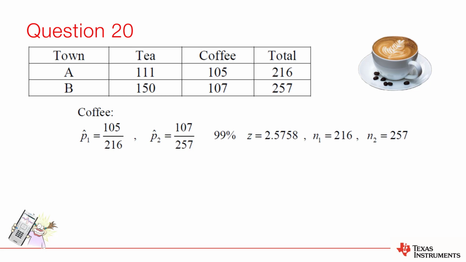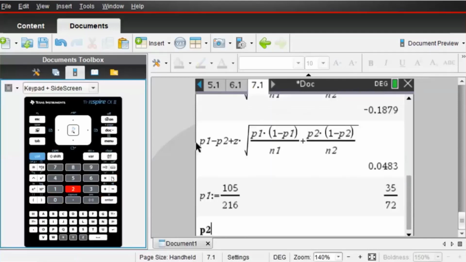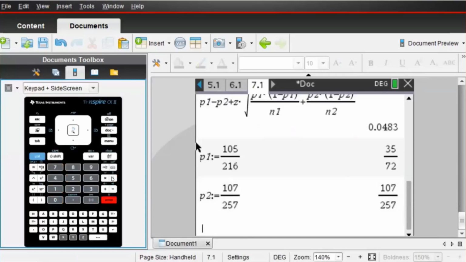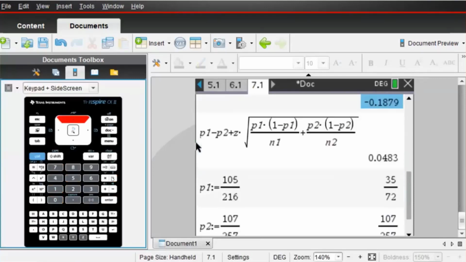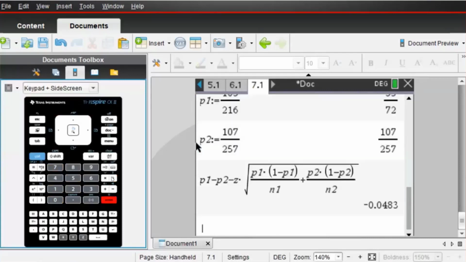So let me just have a new value of P1 this time, which is 105 over 216, and a new value of P2, which is 107 over 257, and just pressing up arrow a number of times again to get that formula again.